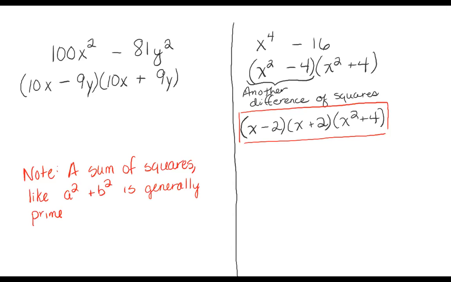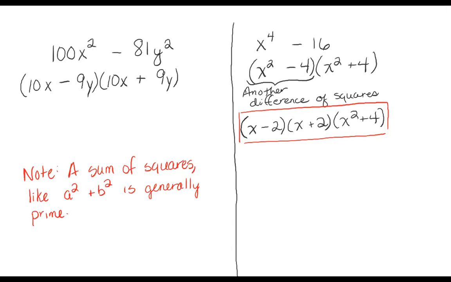In other words, you're not going to be able to factor it any further unless it also happens to be something else. So we'll see that a little later on. If it also happened to be a sum of cubes, you would be able to factor it. But a sum of squares is prime.